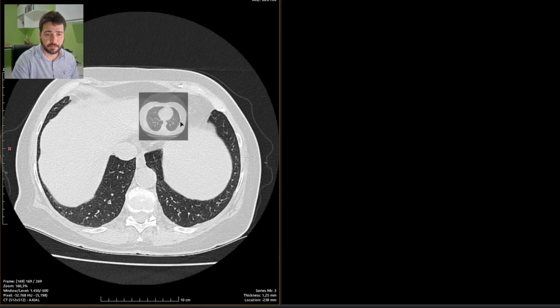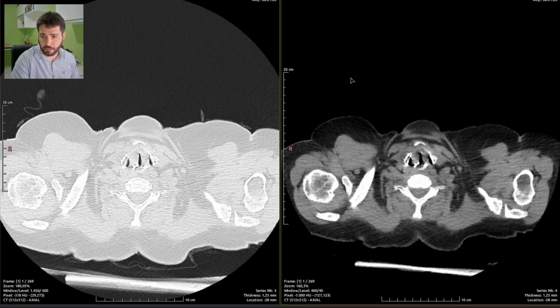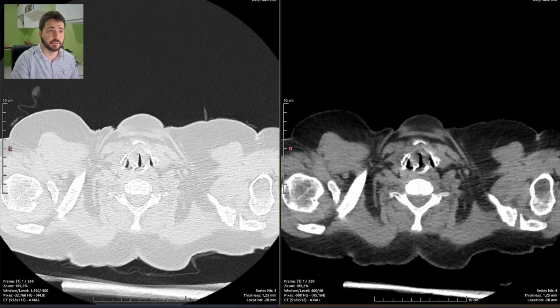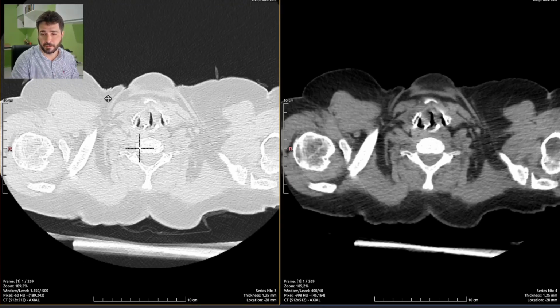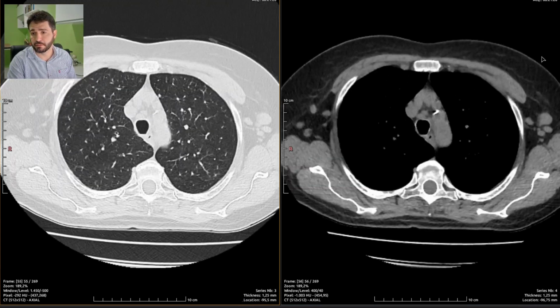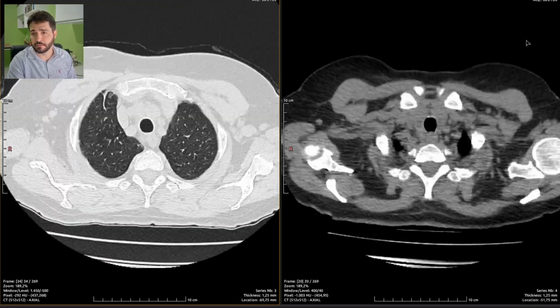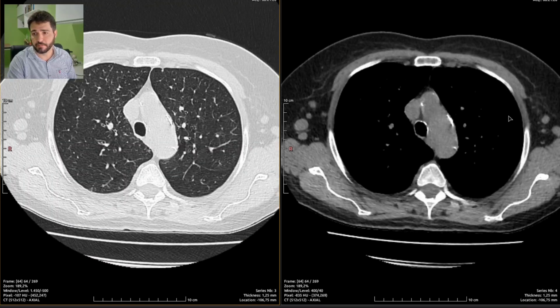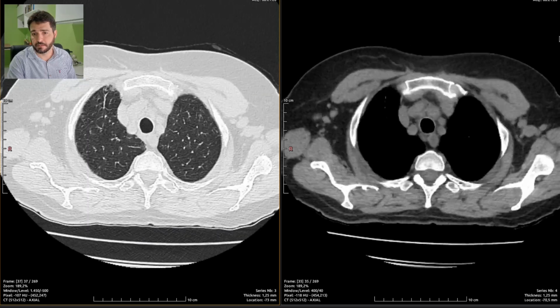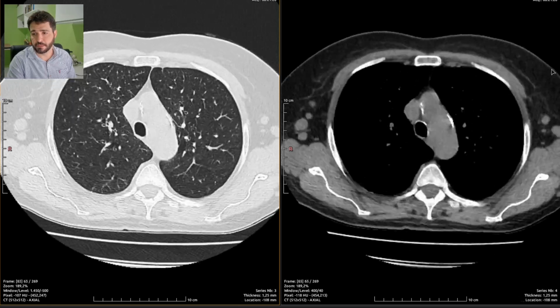So this is a chest CT scan of a very old woman, and we're looking for a motive for productive cough in a heavy smoker patient. So this isn't good. There are axillary adenopathies, large lymph nodes on the axillary regions.